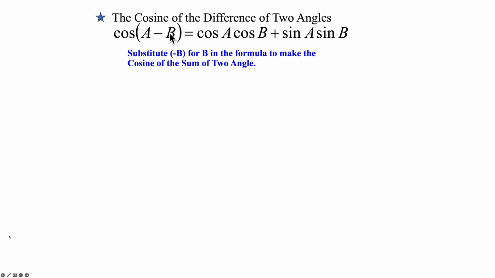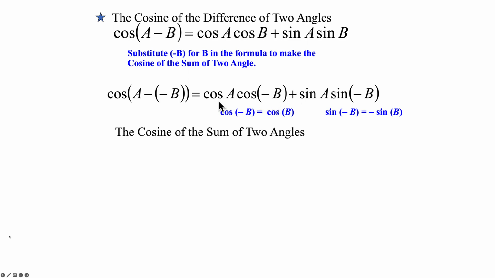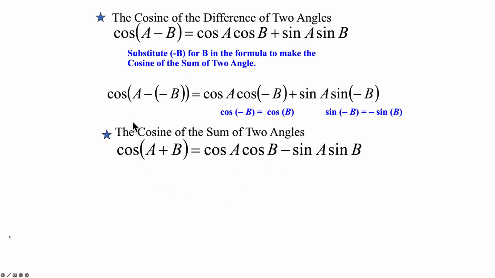So we'll substitute negative B into every B. Cosine of A plus B now will equal cosine of A, well, this is your even identity, that's going to just be cosine B. And sine of minus B, or negative B, that will be negative sine of B. So what's going to happen is that this negative on this sine B has to be multiplied to this plus sign, and there'll be no change to the first term. So cosine of A plus B equals cosine A cosine B minus sine A sine B.